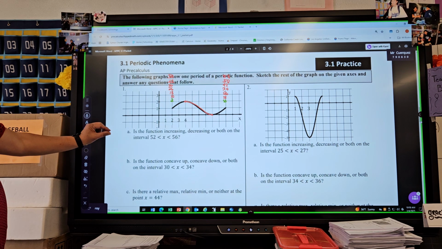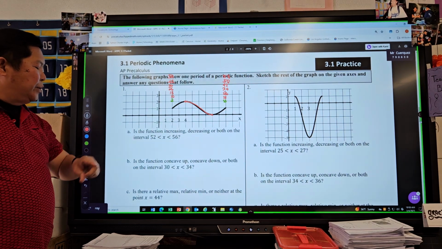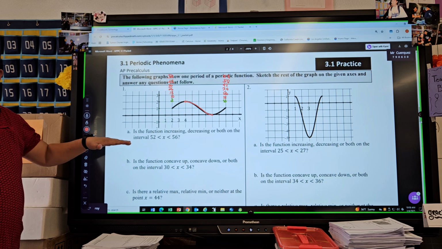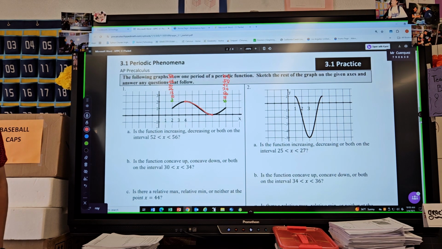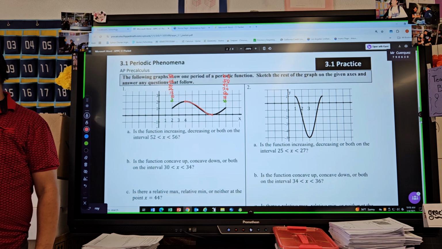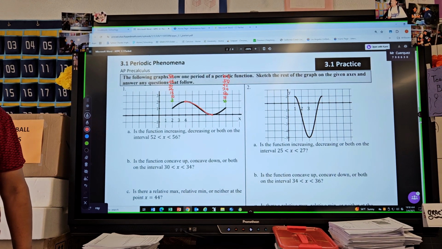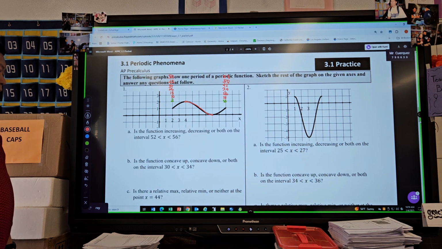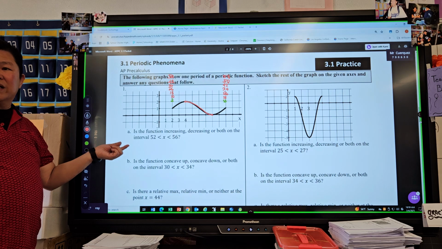The function is decreasing on the interval from 52 to 56. Can you please write down the justification? Do we have enough time? How much time left? The bell rings in 10 minutes? 10 minutos? Okay. So is this clear, guys? So I need you to write down the justification.